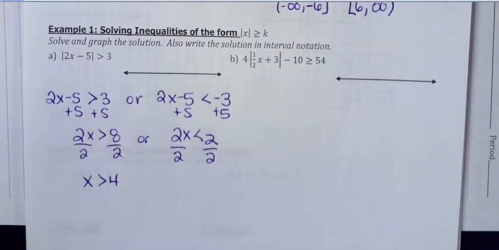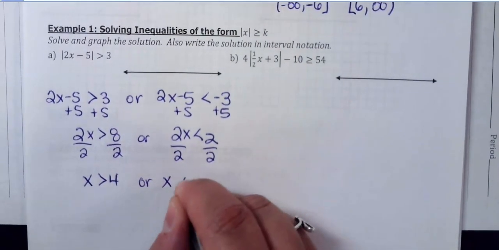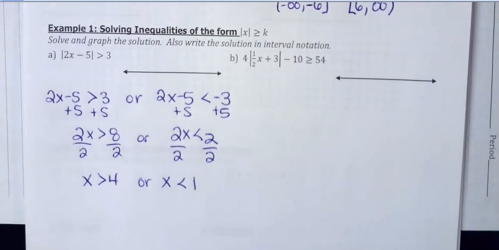So if x is bigger than 4, that's going to give you numbers like 4, 5, 6 inside that absolute value. Or if x is less than 1. So if we plug in 1 or any number smaller than that, that's going to give us numbers like -4, -5, -6 in our absolute value. So you can plug them in to check if you would like.